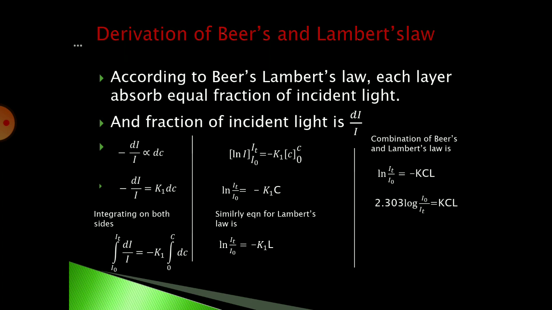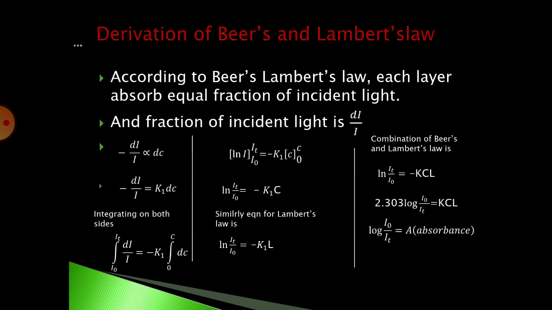If we convert this ln into log to the base 10, we have to multiply the above equation by 2.303. So the equation becomes 2.303 log of I0 by IT is equal to KCL. By inverting the ratio of IT by I0, we convert the negative sign into a positive sign.